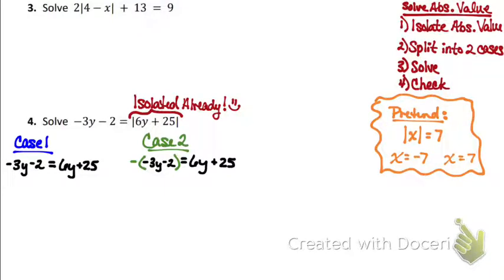Let's solve both of these cases, and then we'll go in and check our answers to make sure that they're valid, okay? Let's do case 1 first. I want to get my y's to the same side, so I'm going to subtract 6y from both sides.